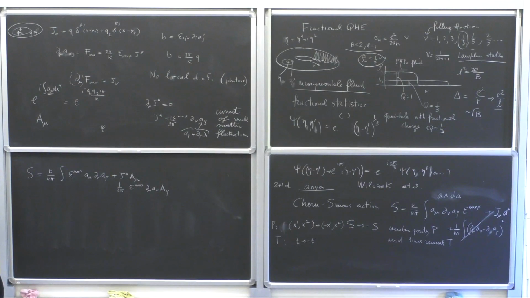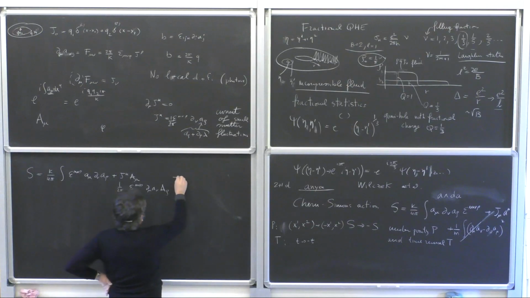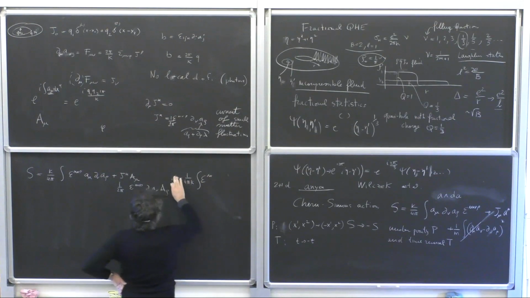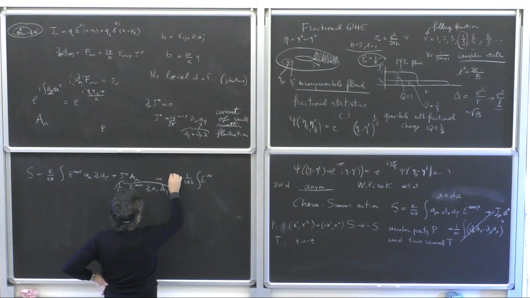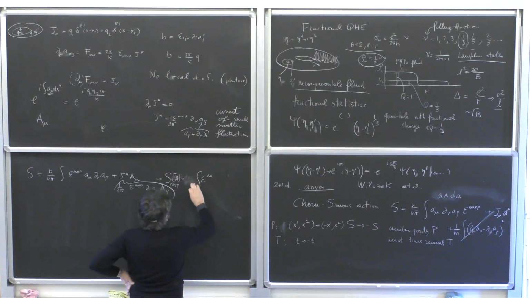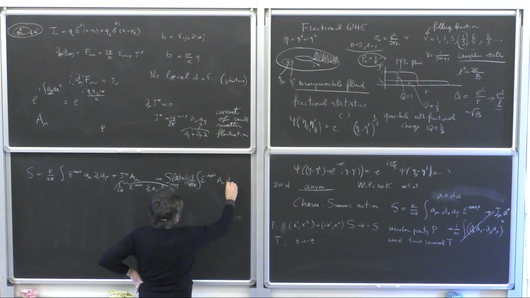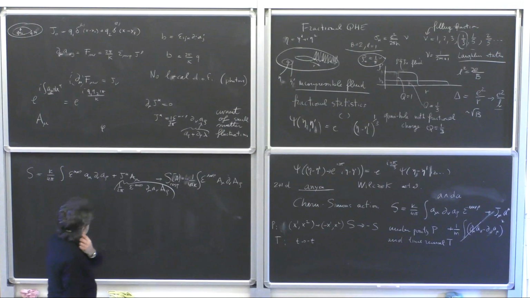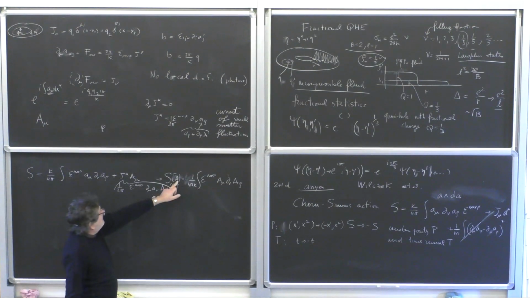At this point, we can integrate out the gauge field, the small a field, and the result is again a Chern-Simons form for the big A, for the external field.